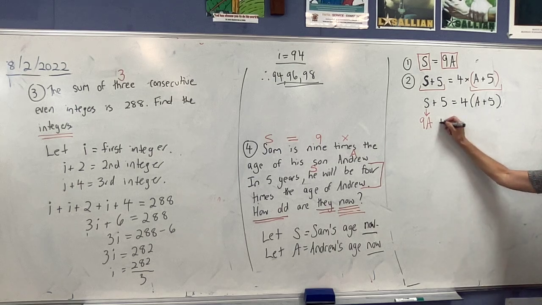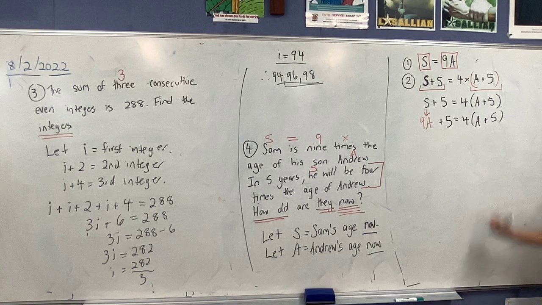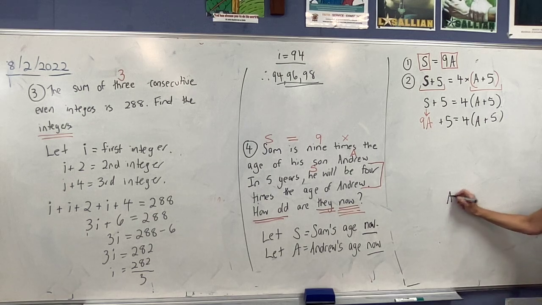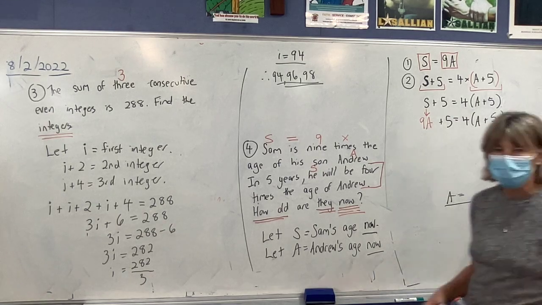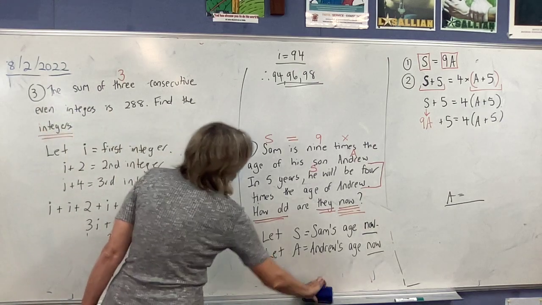Copy the rest of it. Everyone keep going with that equation. Solve it and find A. When you're finished, you'll have A equals something, and then see if you can find S at the end of that. Anyone still with number 3?